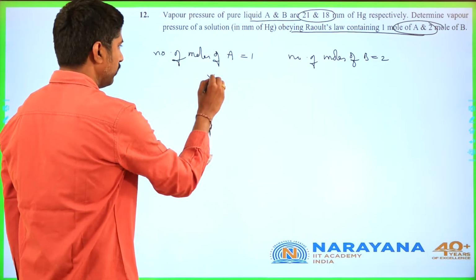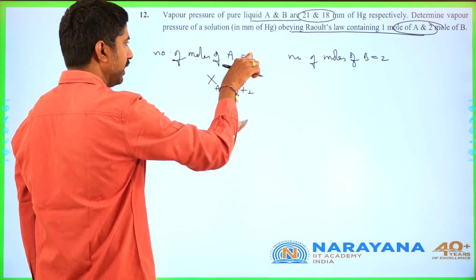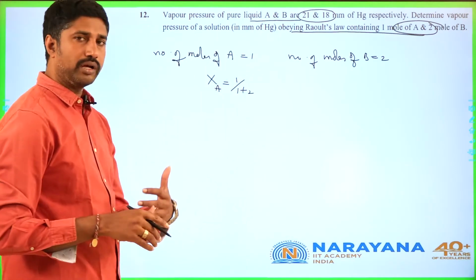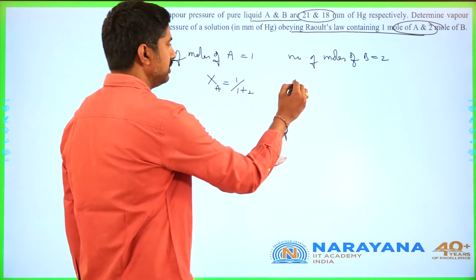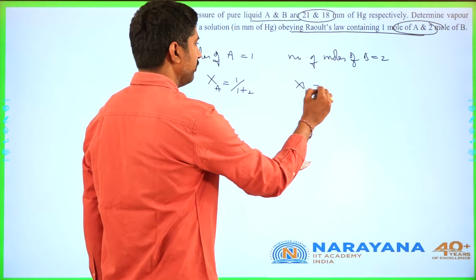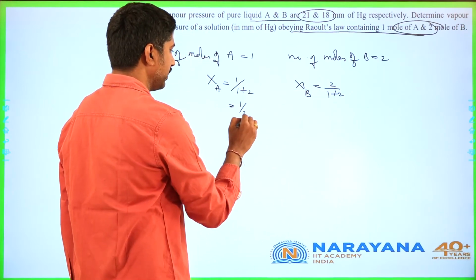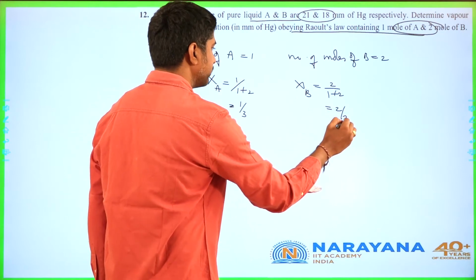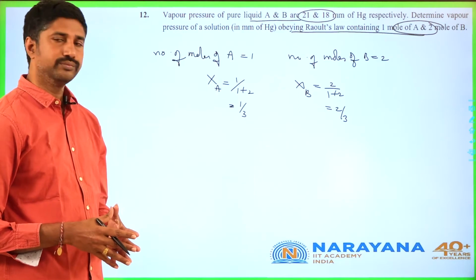Then what is the mole fraction of A? We can write 1 by 1 plus 2, the number of moles of A by the total number of moles. Similarly, the mole fraction of B is 2 by 1 plus 2. So here we can write 1 by 3 and here 2 by 3. Okay, so that is the value.